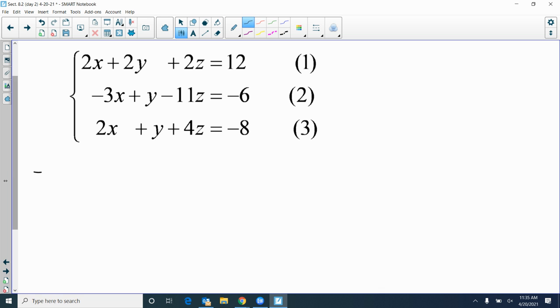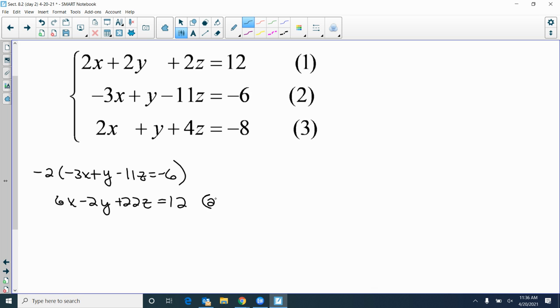-2. So I have to take -2 times -3x plus y minus 11z equals -6. I'm just going to write it underneath it, and then I'm going to move equation 2. I get 6x minus 2y plus 22z equals 12.